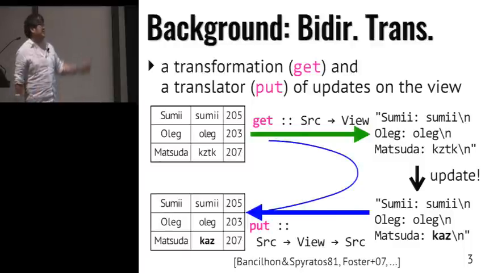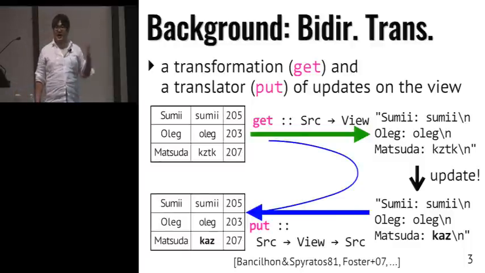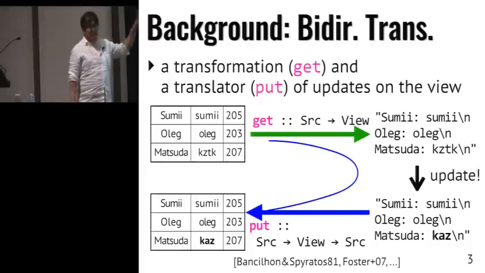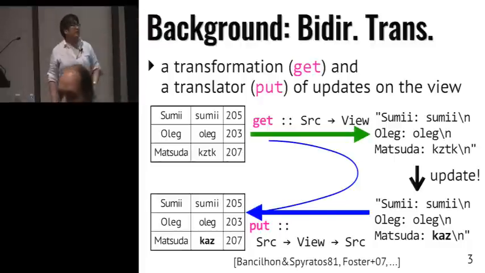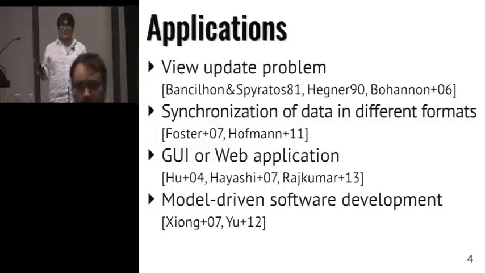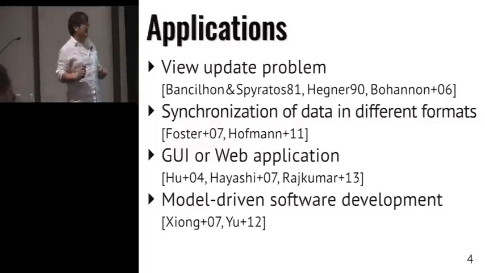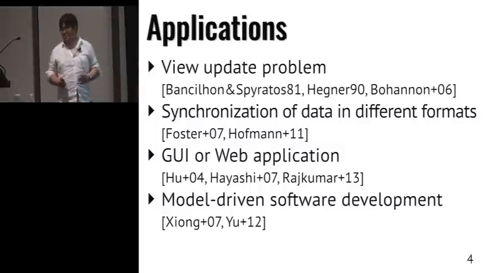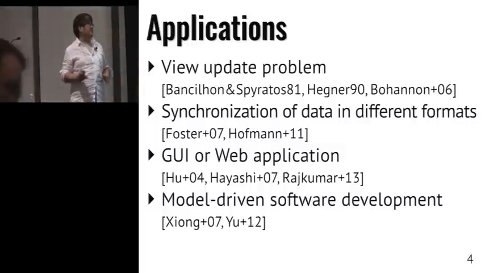Concretely, put takes the original source data and the updated view data to produce the updated source data. So a bidirectional transformation is this pair of get and put. There are many applications of bidirectional transformations, but I do not explain them in detail. Anyway, bidirectional transformations are just two functions.